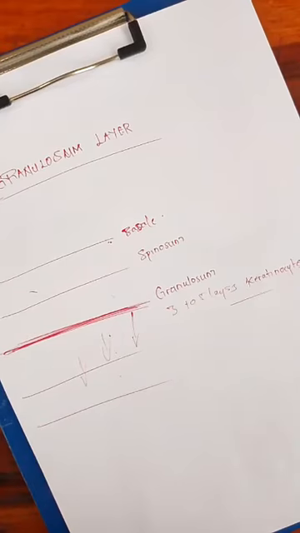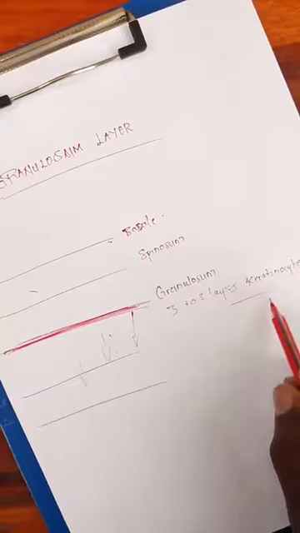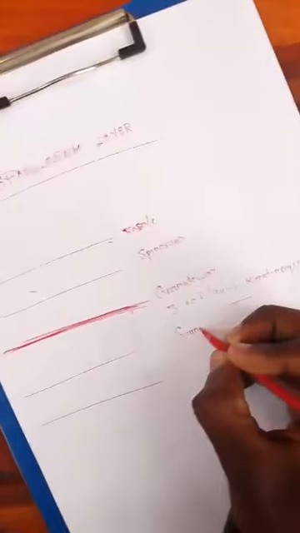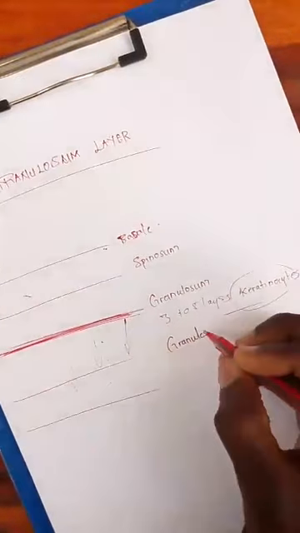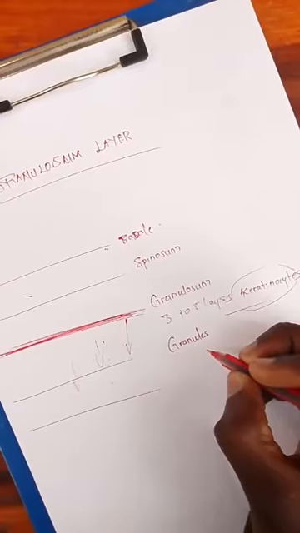Another thing that you have to know about this granulosum layer is that this layer consists of the same layer of keratinocytes, which is going to be filled with granules. These granules that fill the keratinocytes are known as keratohyalin granules as well as lamellar granules.